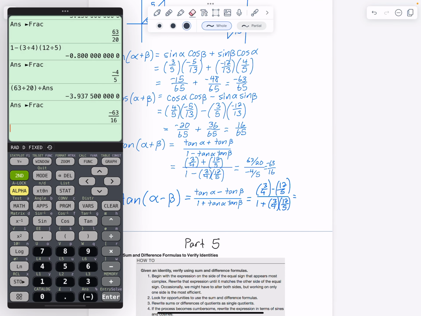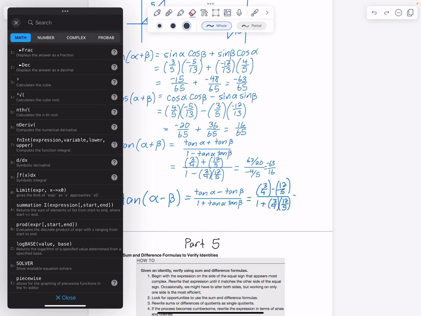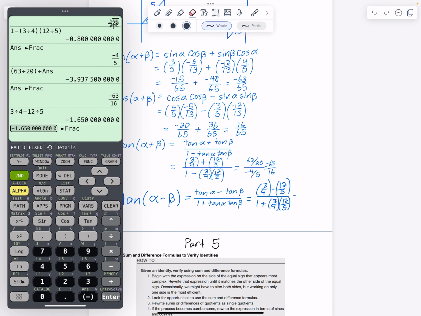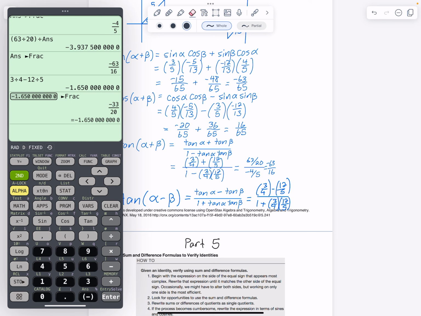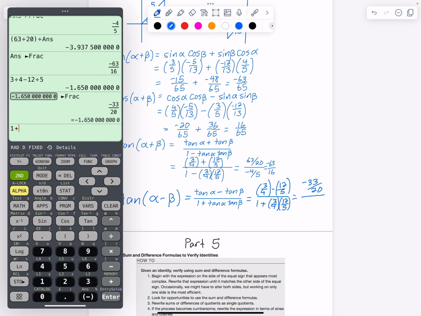So 3/4 minus 12 over 5, I'm going to go ahead and change that. That is negative 33 over 20 divided by 1 plus 3 divided by 4 times 12 over 5.